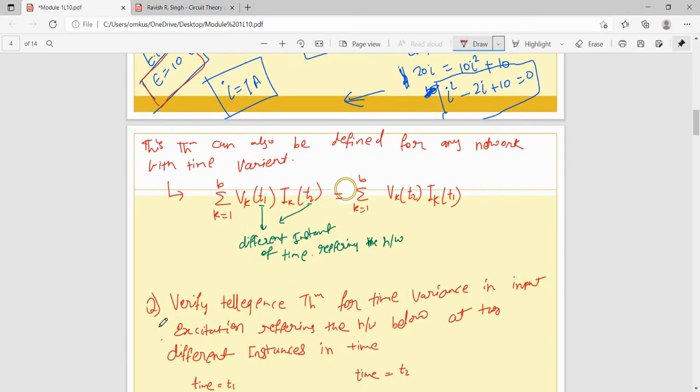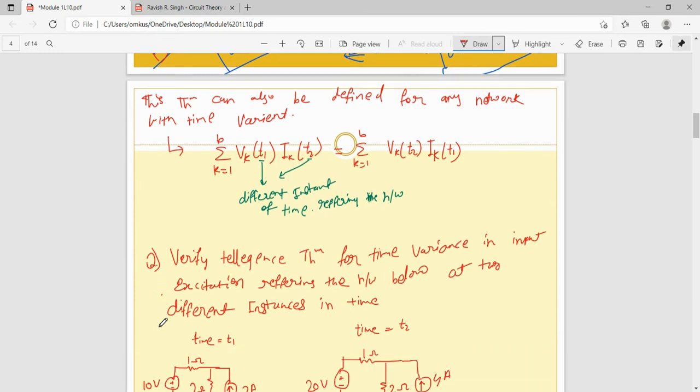Now see, this Tellegen's theorem is also applicable for a circuit which is time variable, which has a time variant factor. In that case, we need to prove that the summation of k from 1 to b, where b is the number of branches, holds. For the circuit at time t1 you take the voltage, and for the circuit at time t2 you take the current, and the product of those two terms.